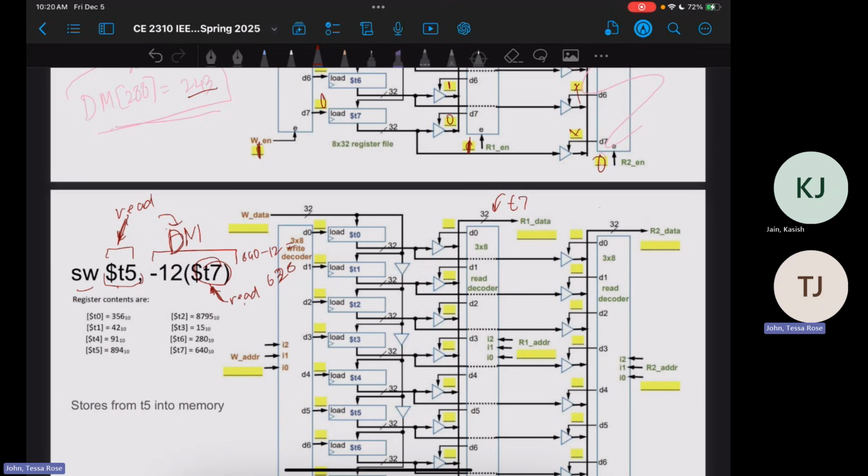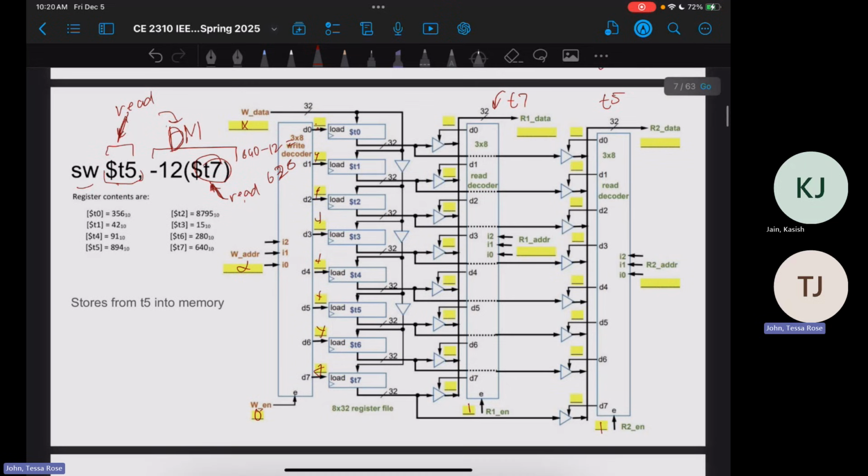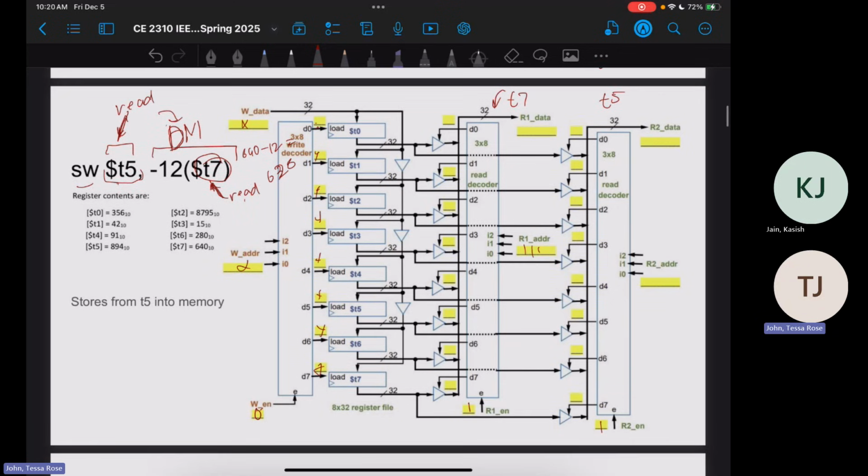So from that, we only have one read left, right? So the T5 goes here. And it's the same thing. We do enable 1. There's no write, so all of this is just X'd out. And 7 is 1, 1, 1. And this is 1, 0, 1.